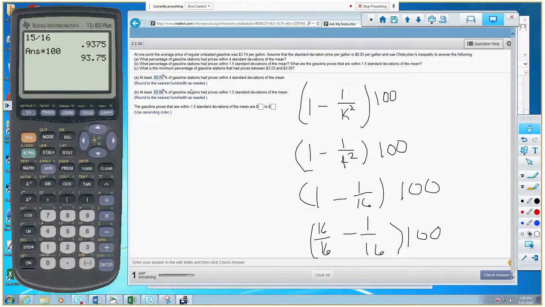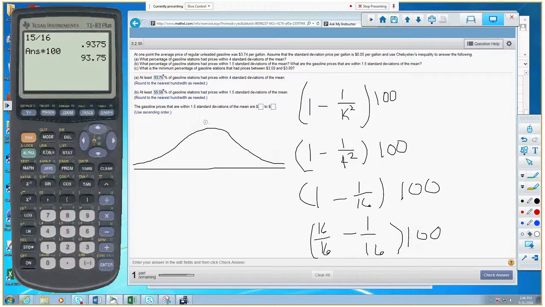Now, be careful here because it says at least blank of the gasoline stations had prices within 1.5. This is 4. You've got to remember your curve. And this is the mean.